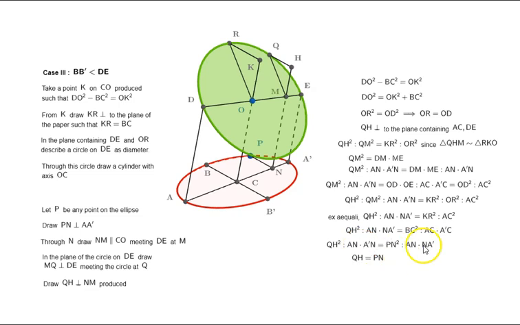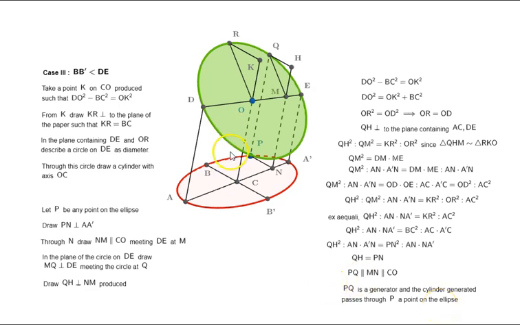That means PQ is parallel to MN, which is in turn parallel to CO, or we can also say CK. If we join P and Q, PQ is a generator, and the cylinder generated passes through P, a point on the ellipse.